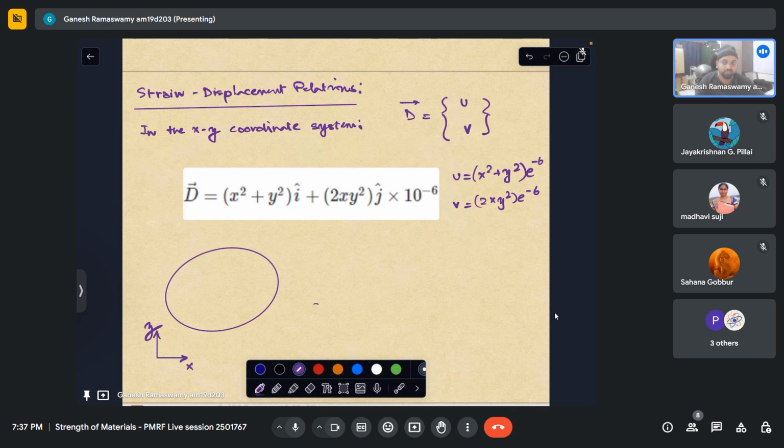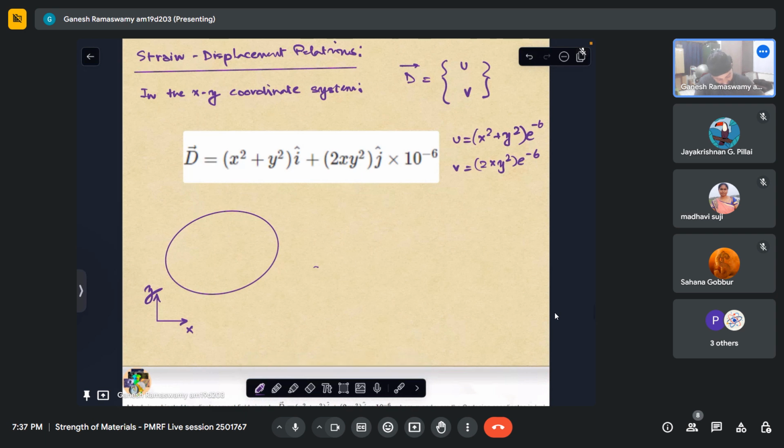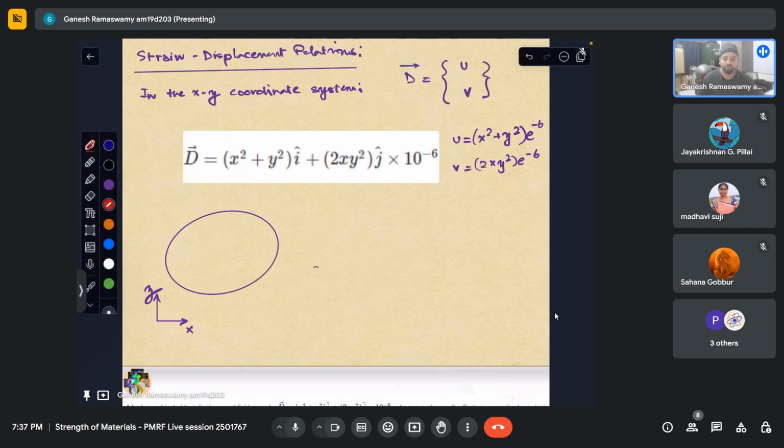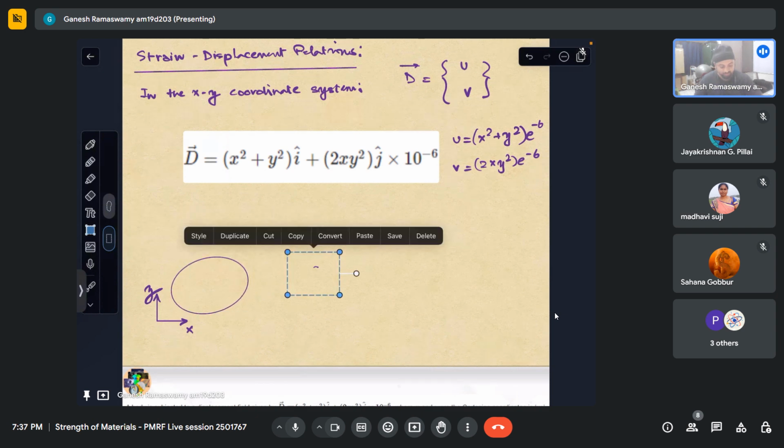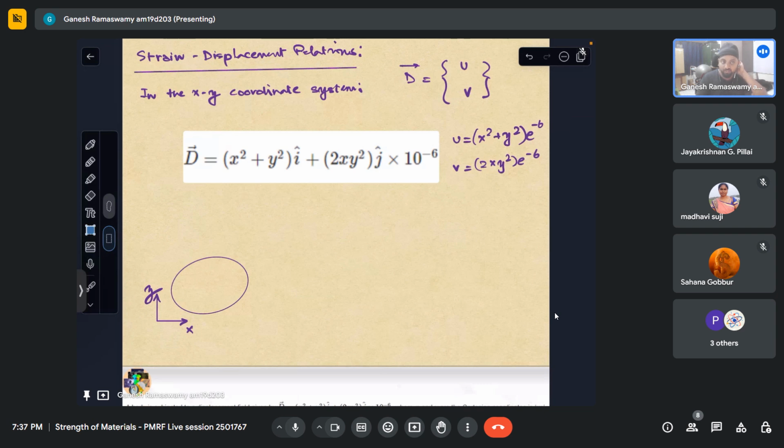Now our strain displacement relation states, it doesn't state, essentially it can be derived, but that is too much of overkill for a single session if I start deriving that. So I will just state it here. It has been derived using our geometry in the lecture, so you can revisit that. What it says is epsilon xx is nothing but the partial derivative of u with respect to x, where u is the i component of my displacement field.